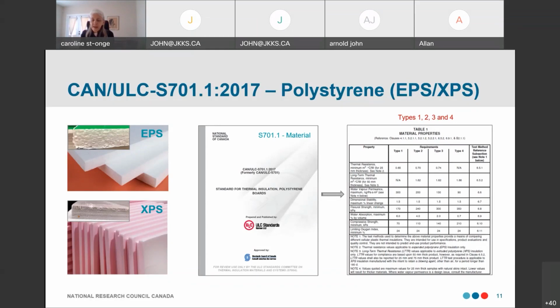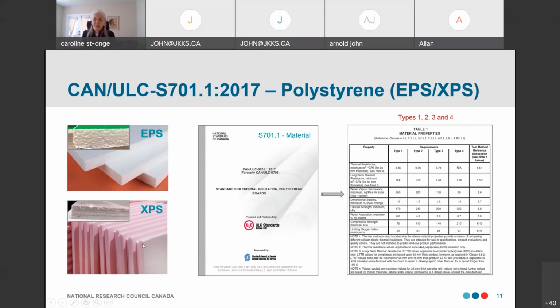EPS is manufactured using pre-expanded beads that are poured into a huge mold. It could be 10 feet by 10 feet by 8 feet. Then the beads are expanded to create a huge block of EPS, which is then sliced with hot wires to create those boards here.